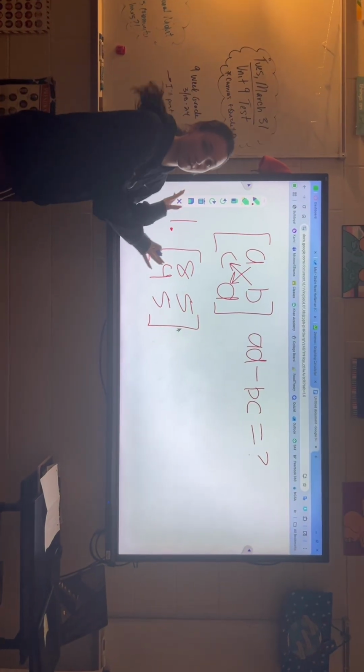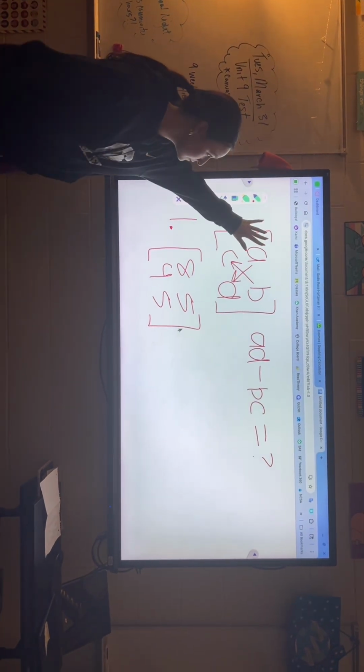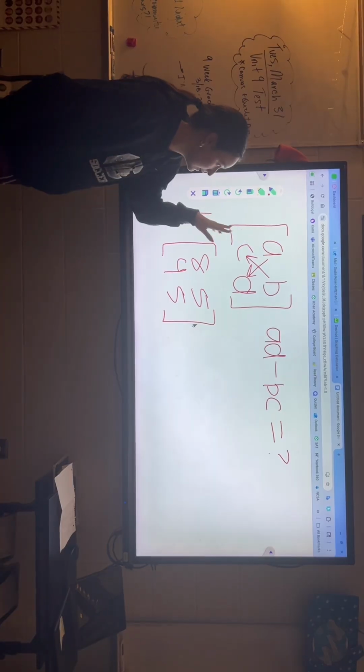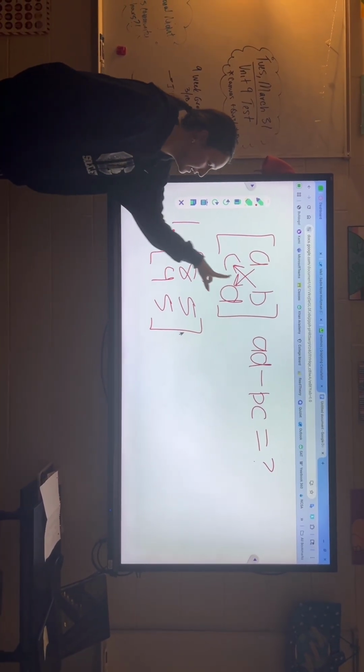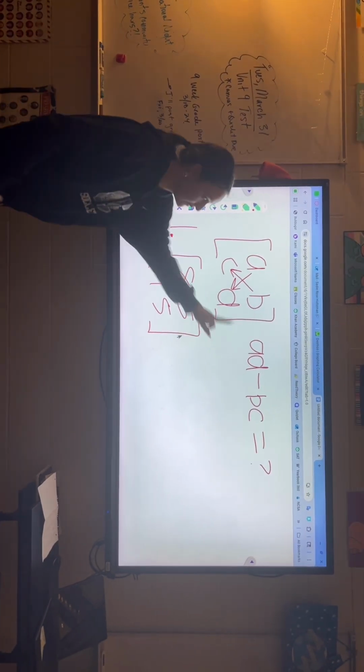This is our first equation, and 8 is equal to A, 5 is equal to B, C is equal to 4, and D is 5 as well. So we have to follow this formula.